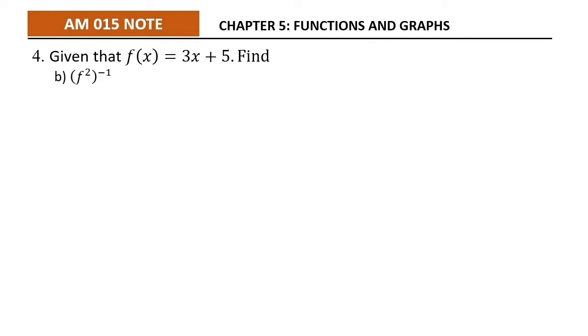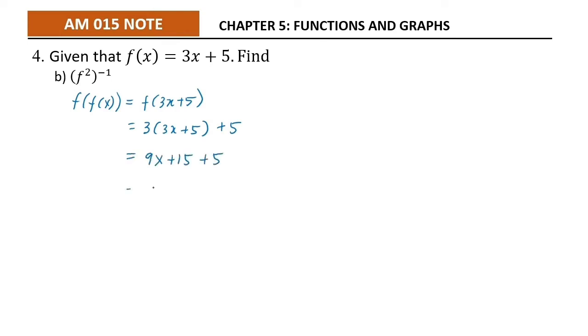Next example, f squared inverse. So for f squared inverse, we need f squared first. f of f(x) equals f of (3x plus 5), and then f is 3, x is now 3x plus 5, plus 5. Simplify. 9x plus 15 plus 5. Therefore, 9x plus 20.